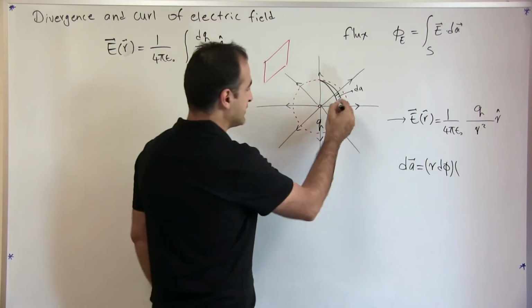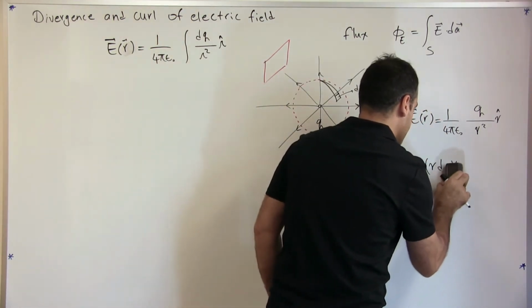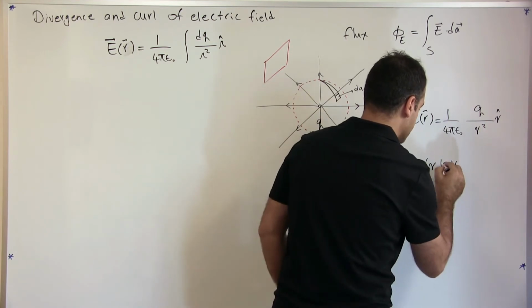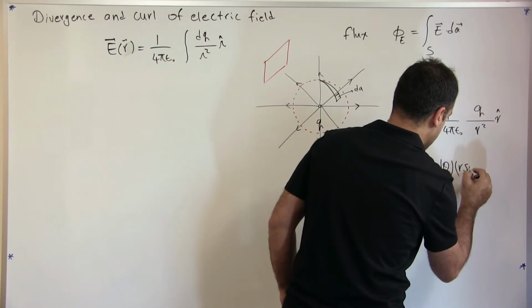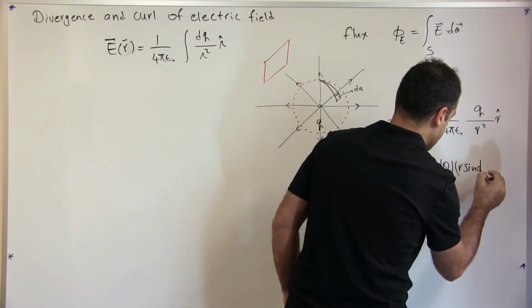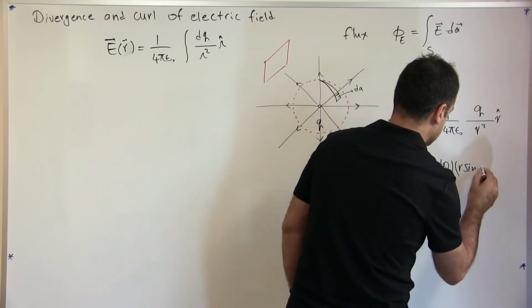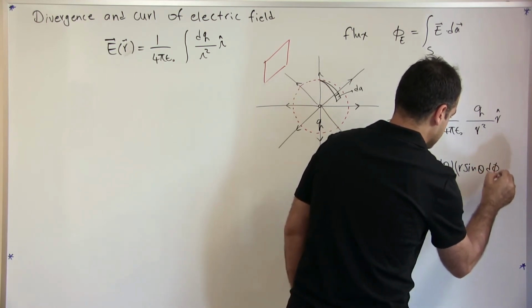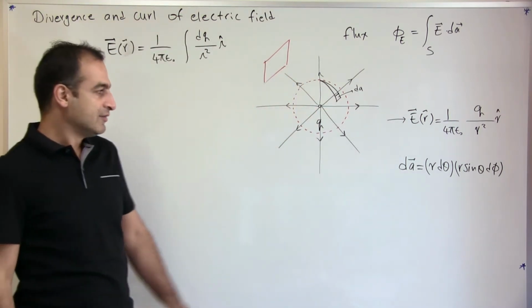So this is one side of this. No, let me fix it. It's r d theta on one side, and the other side of this square is r sine theta d phi. So this is the area.